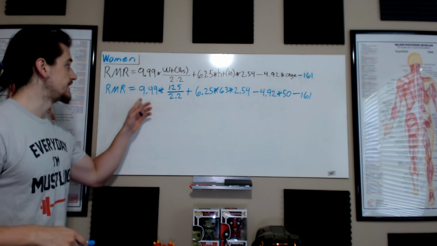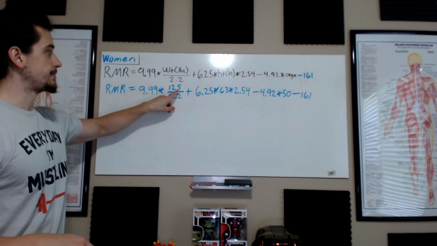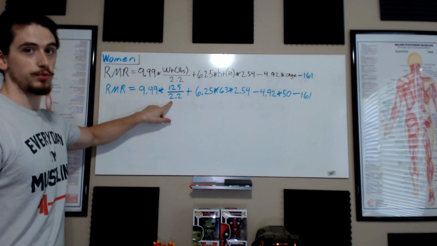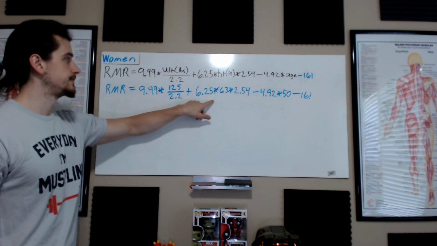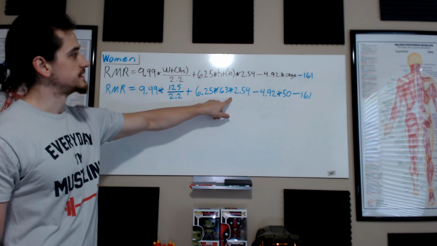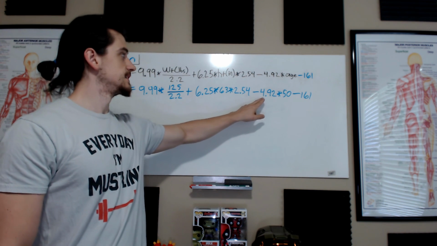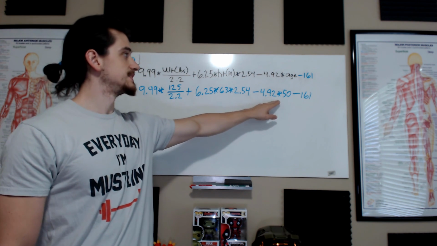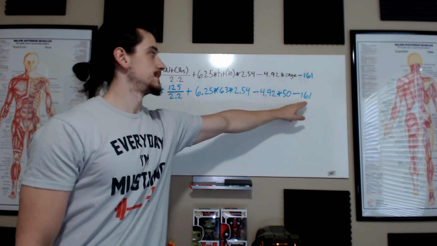So we have 9.99 times 125 pounds divided by 2.2, plus 6.25 times 63 inches times 2.54, minus 4.92 times 50 years old, minus 161.